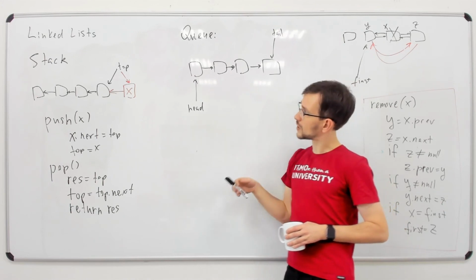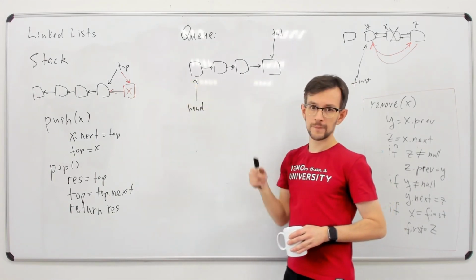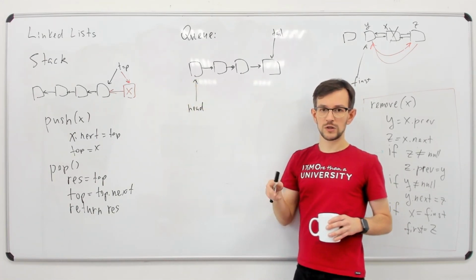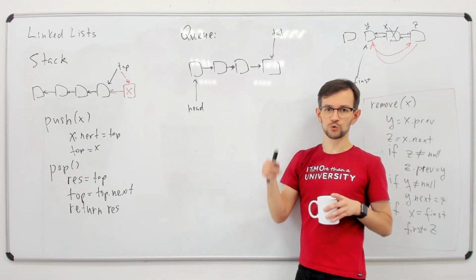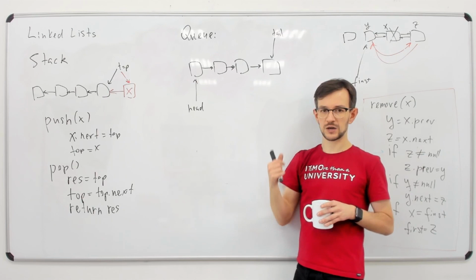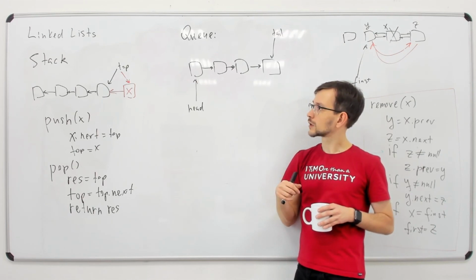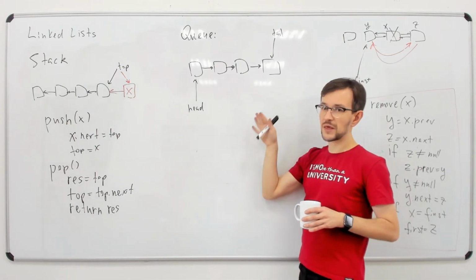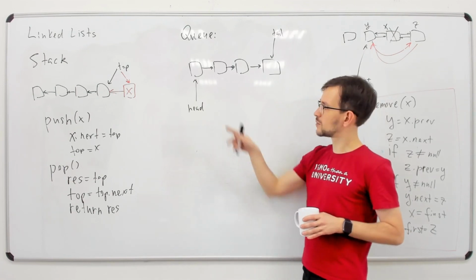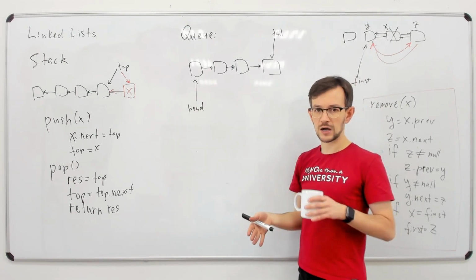Or you may have an additional element here, and when the queue is empty, you just put all the pointers to this additional element. Let's do it in a hard way.